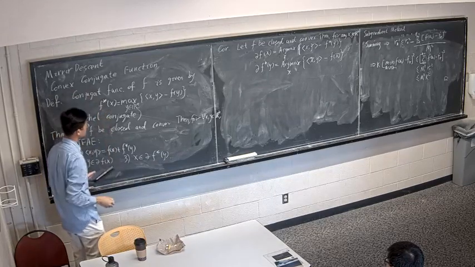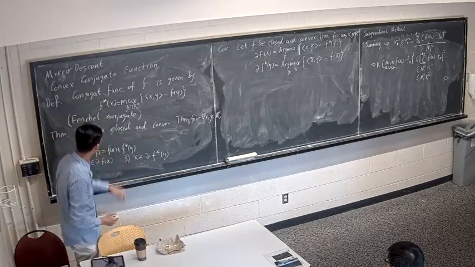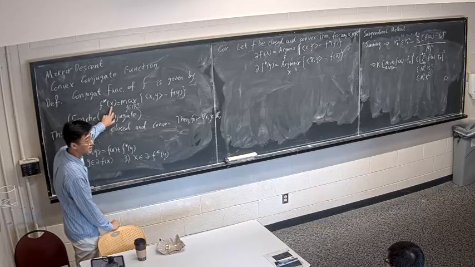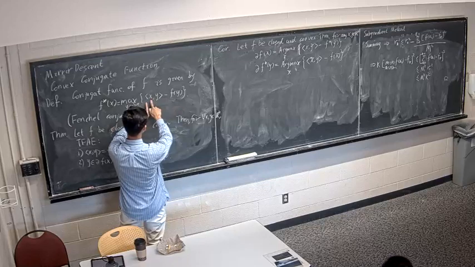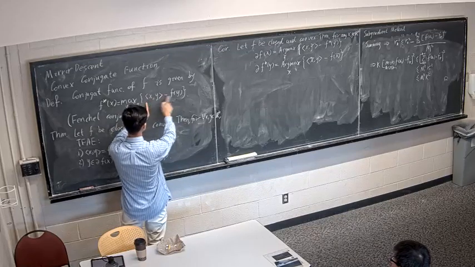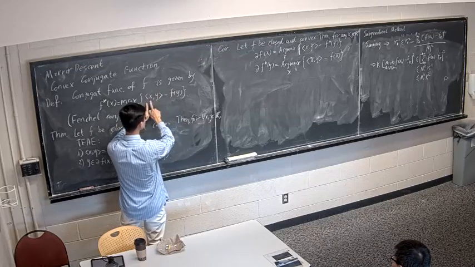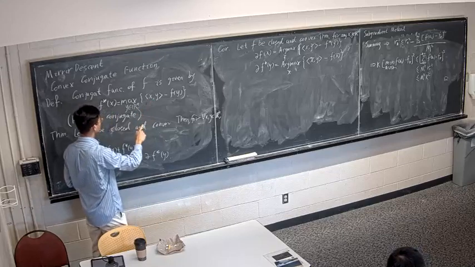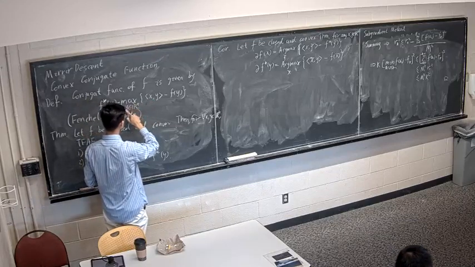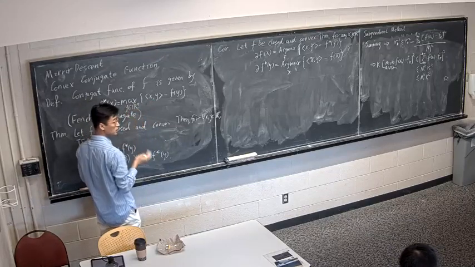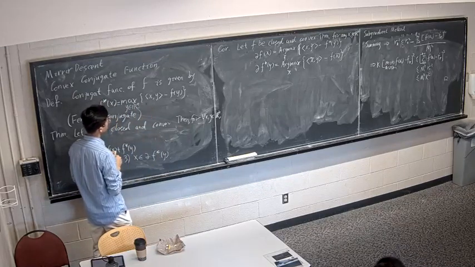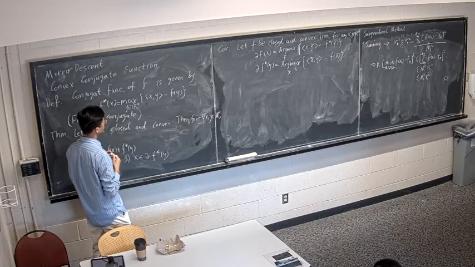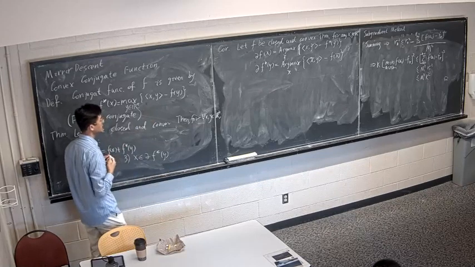It's always convex. The reason is that this is a function of x. If you look at x, it appears only in the inner product term. So this function is linear in x, right? And y could take infinitely many values, but we are taking the pointwise maximum over functions of x. y can be viewed as an index.